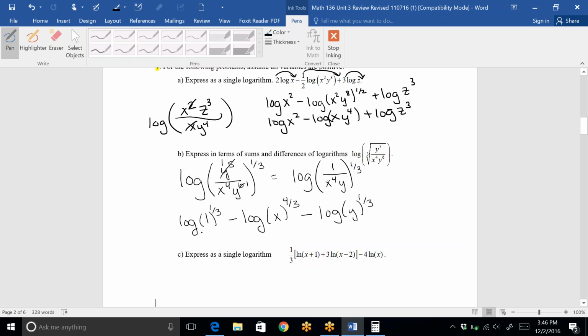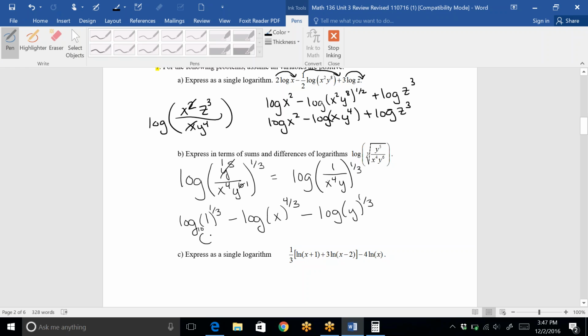Okay, so now we have to talk about, for a minute, what does this guy actually equal? Because we don't usually have an argument inside that's a number like the number 1. Anytime you have a number 1 inside, this is base 10. 10 to what power equals 1? I can pull the 1/3 to the front, but what you're going to realize here is that anything to a power that equals 1 inside is actually equal to 0.